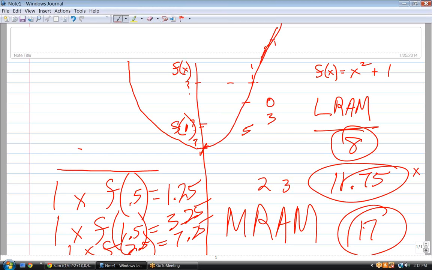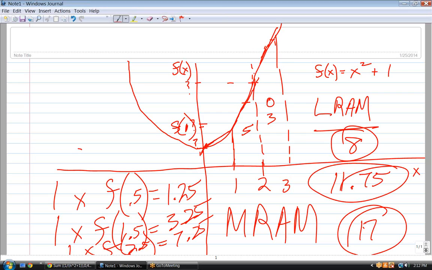In other words, if I made my first thing a trapezoid like that, and my second one, instead of rectangles, I'm going to use trapezoids. You can see the trapezoids are going to be a lot more accurate than rectangles were.